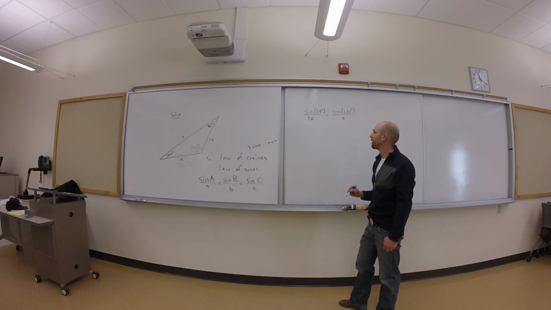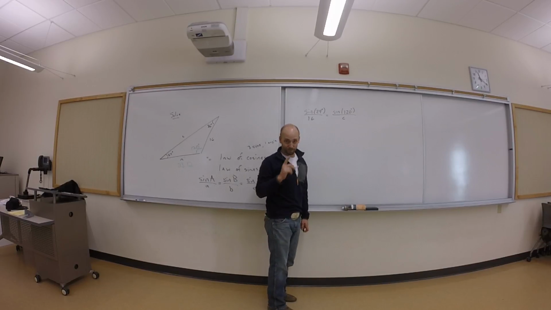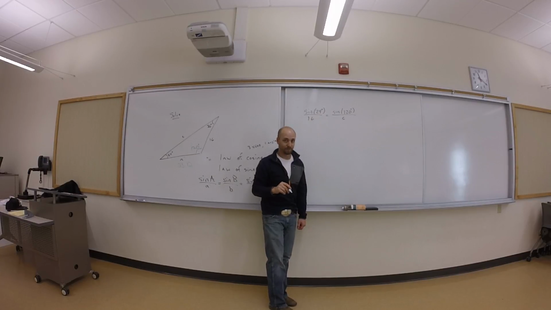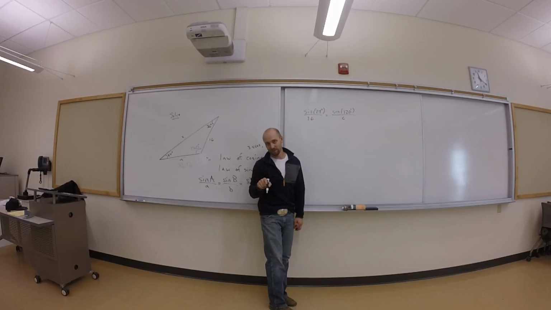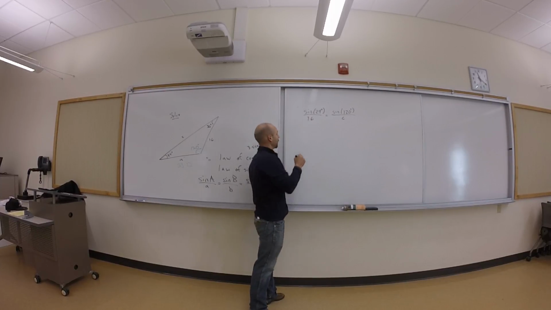Cool? Okay, let's do this one a different way. What if you calculate sine of 24 quickly? .4067. Now divide by 16. .025.